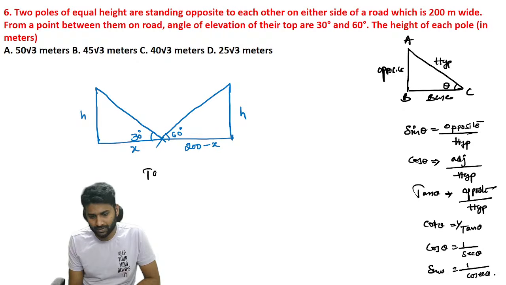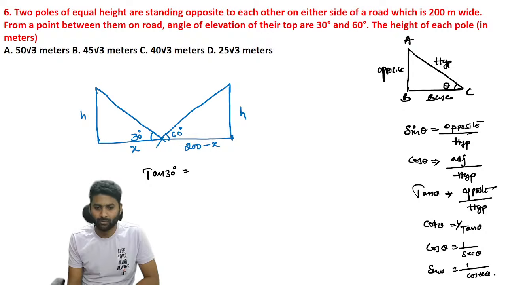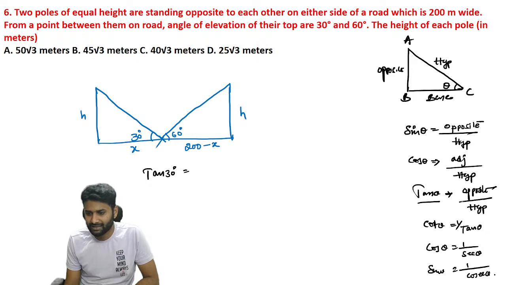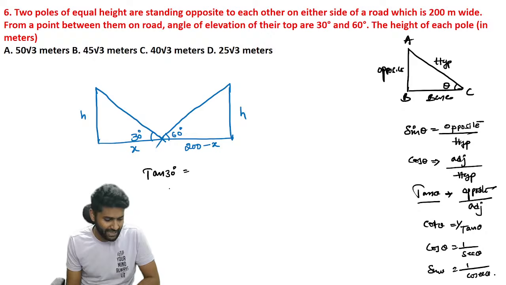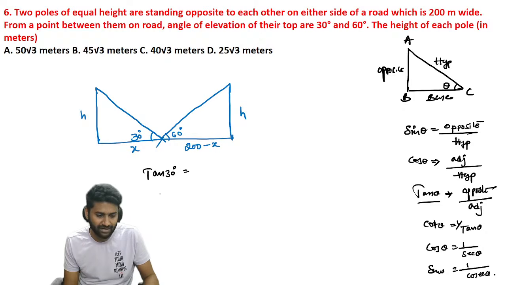You already know tan 30. What is tan theta? For any angle, there is the opposite side and the adjacent side, the hypotenuse is this, and this is the base. Tan theta is opposite divided by adjacent. So tan 30 is equal to h by x.